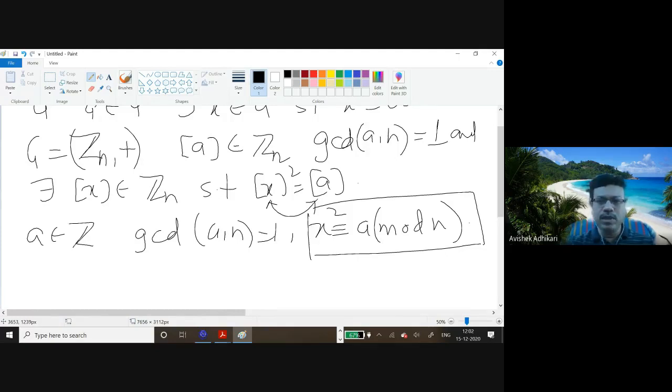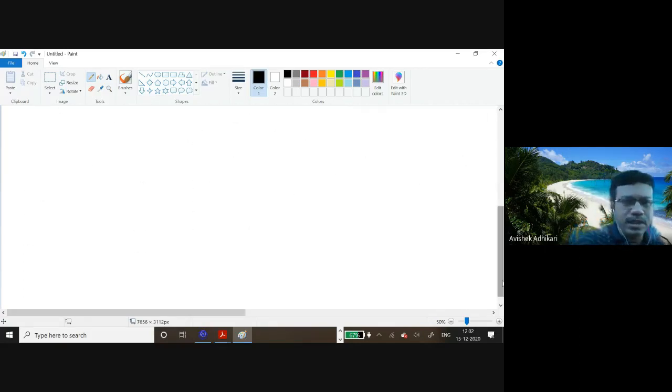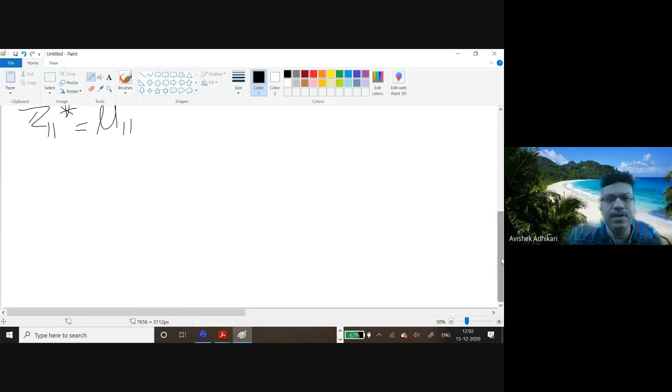This we have already seen, and if we go for an example, we consider Z11 star, that means the group of all units of Z11, that is U11. With respect to that, we have shown that there are exactly 5 elements which are quadratic residues and exactly 5 elements which are quadratic non-residues.